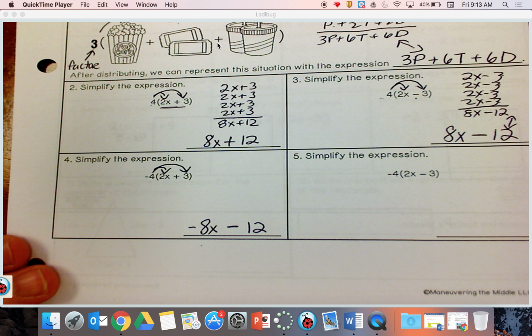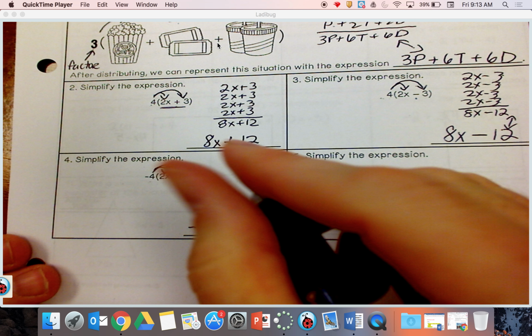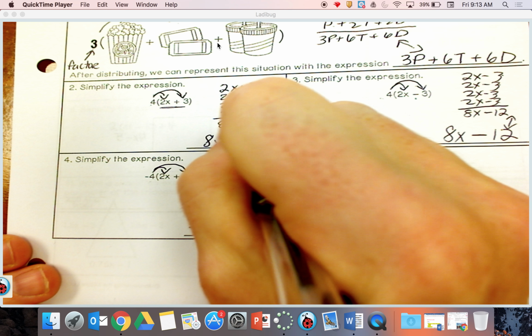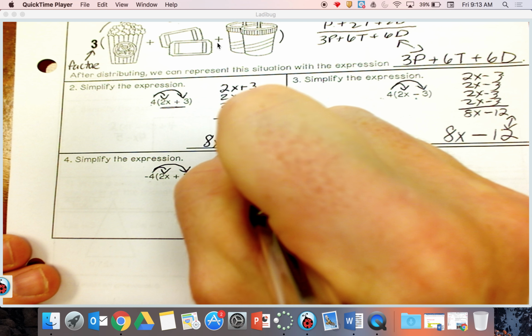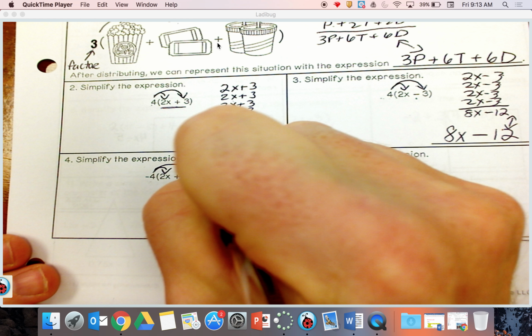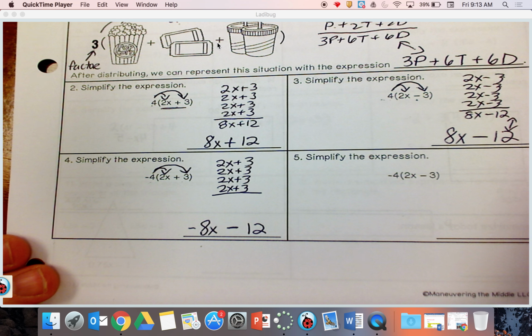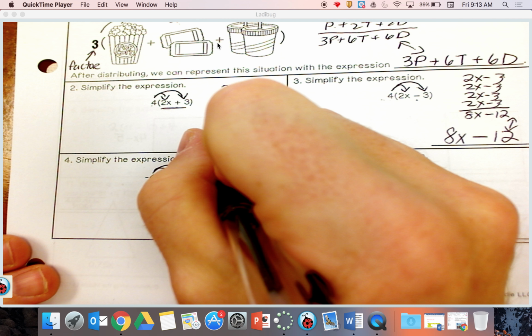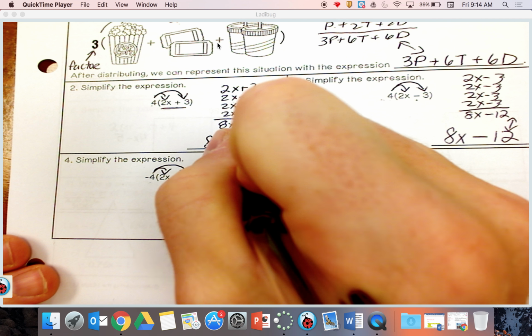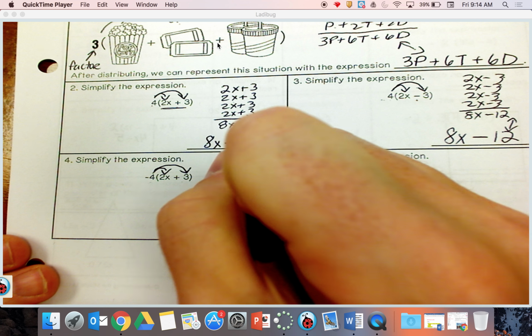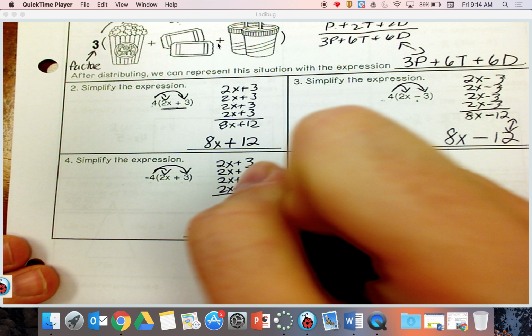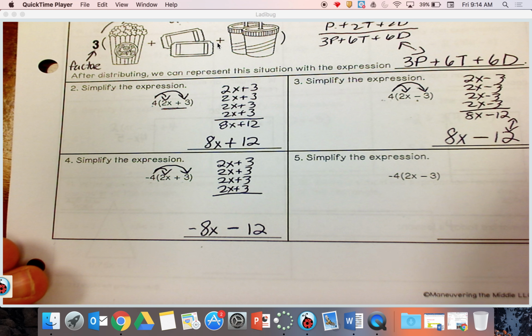Now, let's check this one. So how do we check it? Well, we're going to write down our terms. We have 4 of them. So there's my 4 terms. All right. But remember, they're negative. So at the very end, I'm going to have to slap a negative on and change the signs.